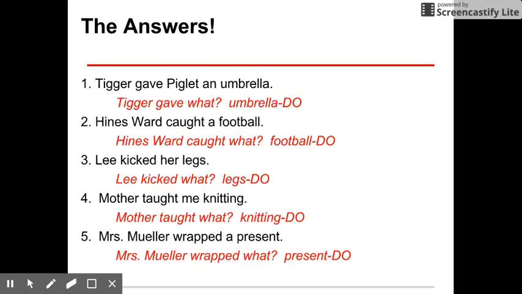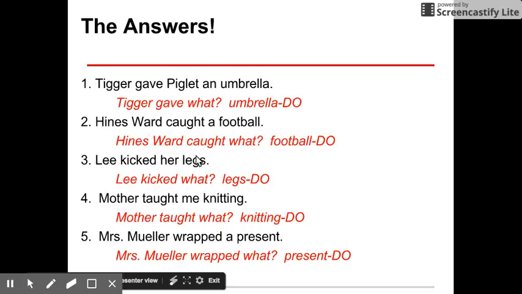Okay, let's see how you did. So what's the verb in number 1? It's gave. Tigger gave what? Umbrella. Umbrella is the direct object. Tigger didn't give Piglet, which is why you want to be careful and think about it. Tigger gave what? Umbrella. Heinz Ward caught what? Football. Football is the direct object. Lee kicked what? Legs.